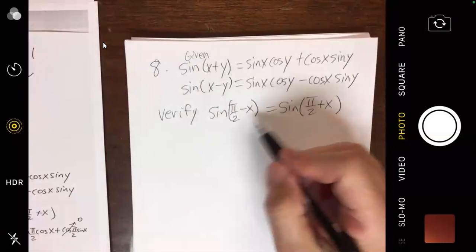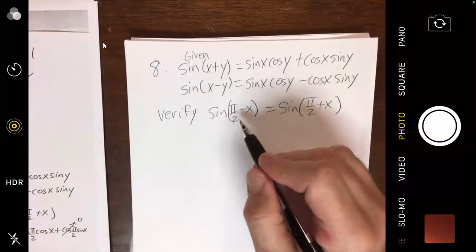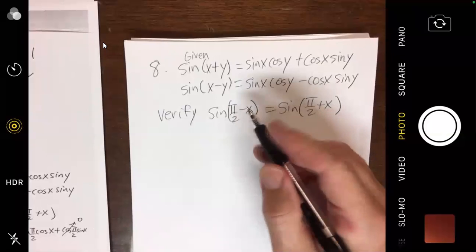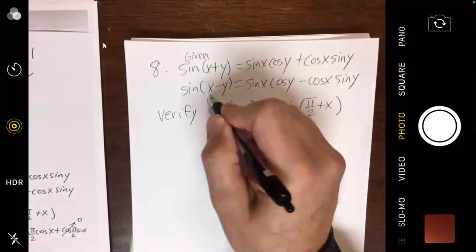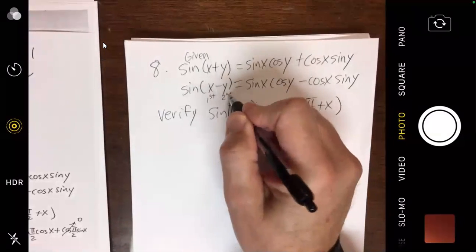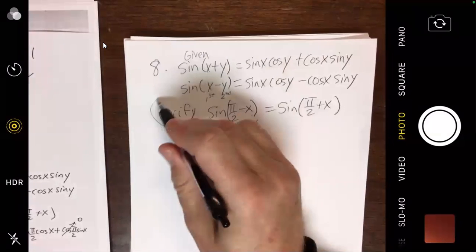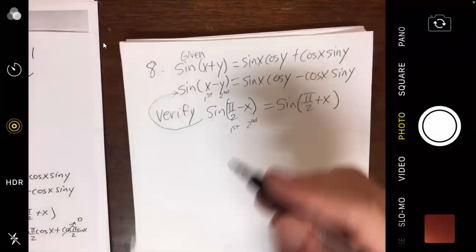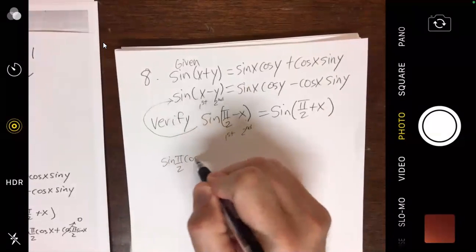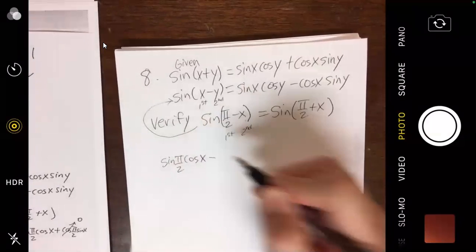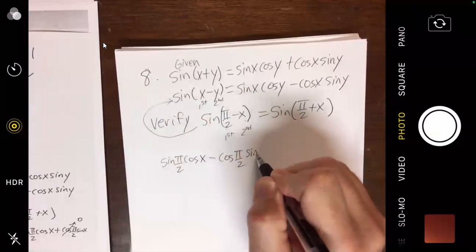So don't get confused. This is like my x, this is like my y. Just think first and second. That's the easiest, no matter what they call them. This is first, and this is second. This side follows the minus sign, so it makes sine of first, cosine of second, minus cosine of first, sine of second.